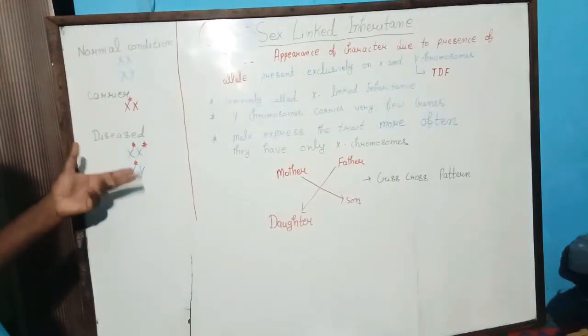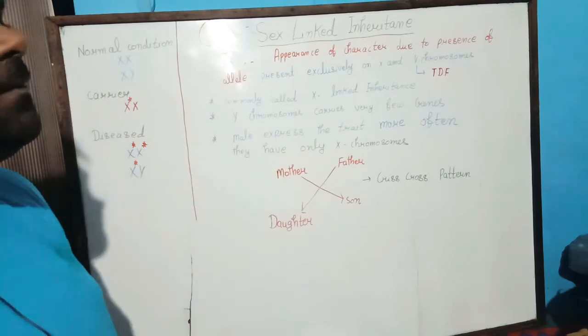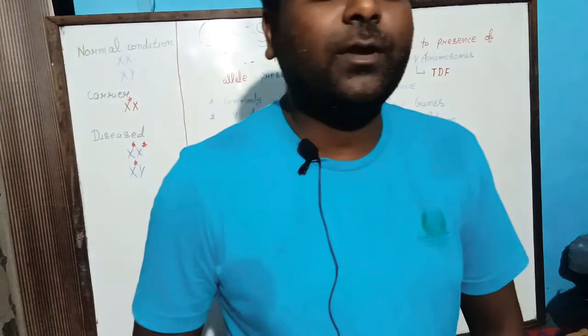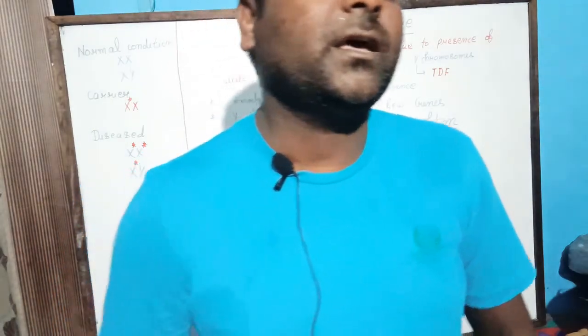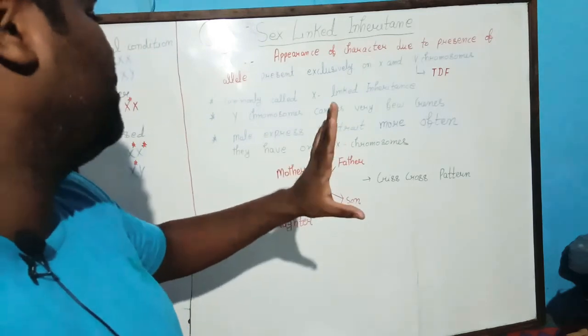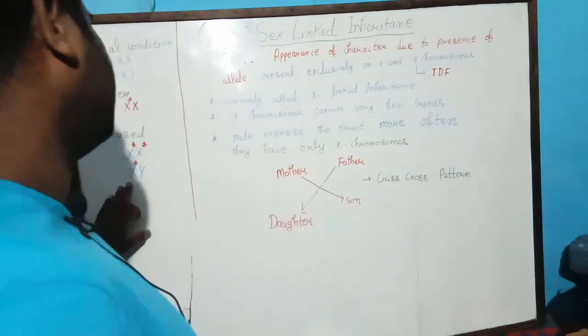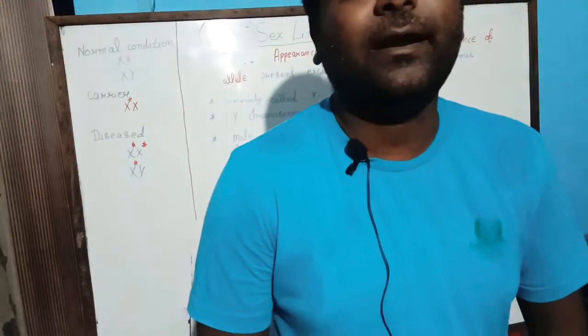Because males have only one X chromosome, whenever we have the defect in that one X chromosome, we will have expression of the disease. That is the explanation of this point: males express the trait more often, because they have only one X chromosome.